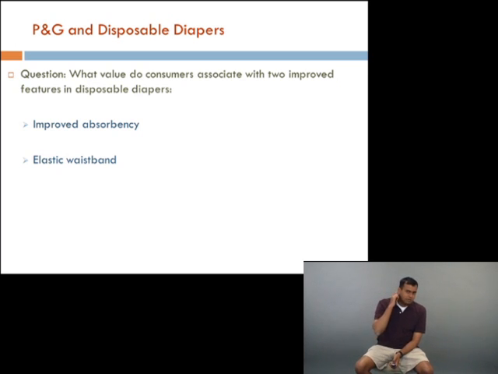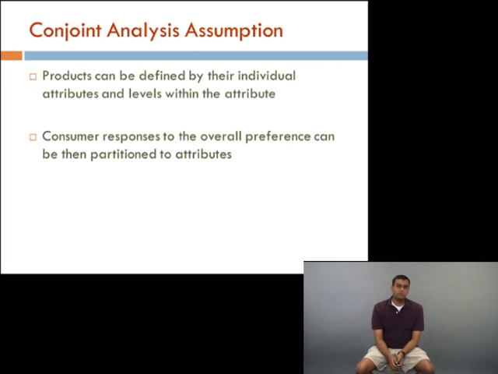So let's dive into conjoint. Before that, let me tell you a few assumptions that conjoint makes, some of which are hard assumptions, but you can still get lots of inferences about people's preferences and how they decompose into the particular attributes and levels within an attribute. The first is that products can be defined by individual attributes and levels.